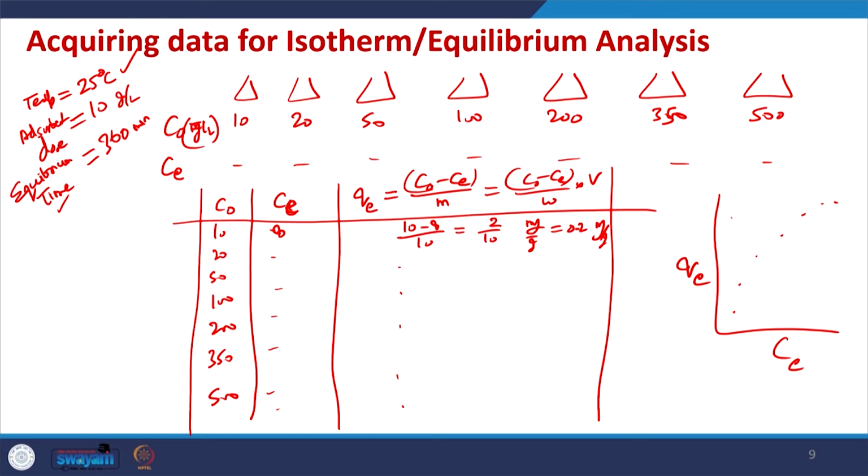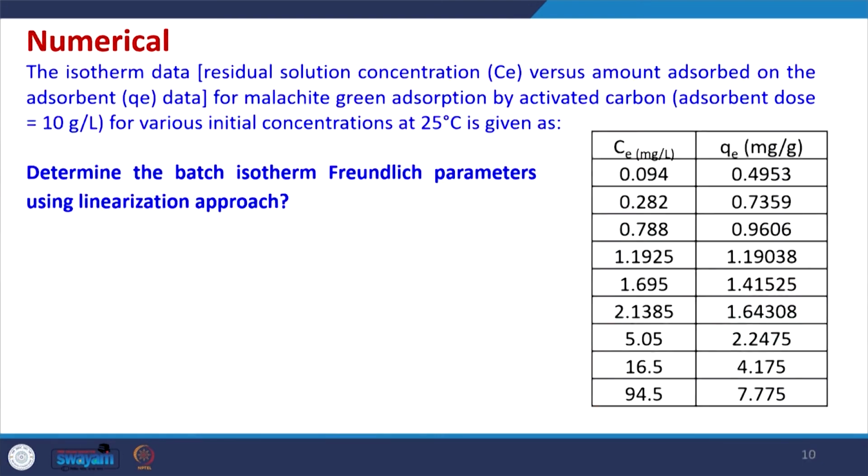Now, let us try to solve some problems to better understand this. Here a numerical is given, where isotherm data is given, the residual solution concentration versus amount adsorbed on the adsorbent, QE, for a dye which is malachite green adsorption by activated carbon.